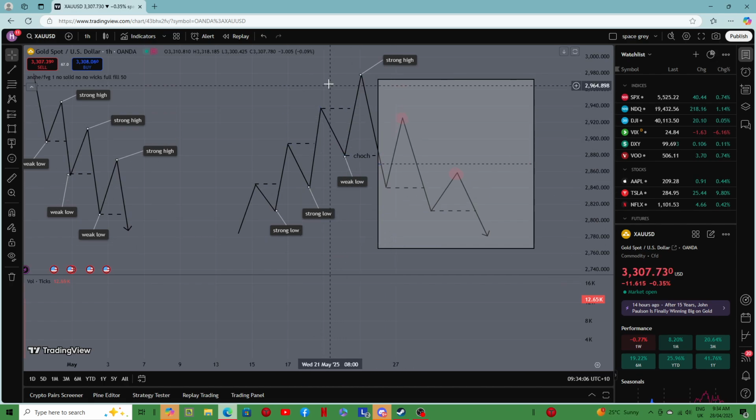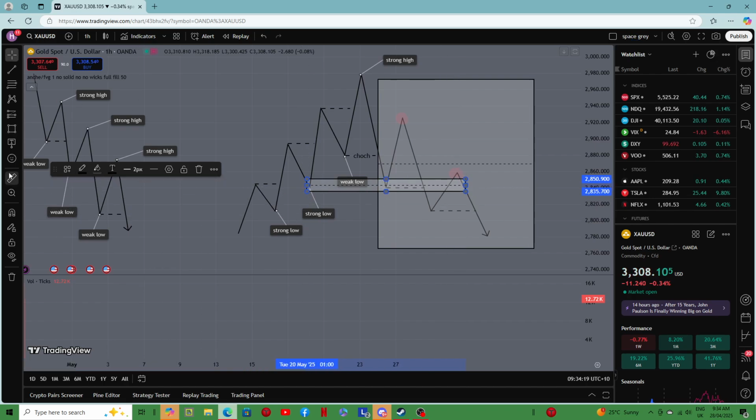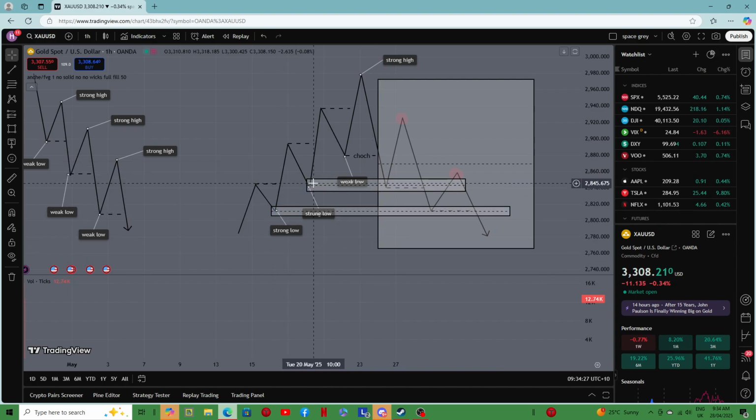And so then what we'll do is we'll have a look at these. These are now, because these are strong, points of interest. So let's say we draw a box and we just draw it along. These are unmitigated, which means they haven't been used. Price hasn't come to this point since it was last at it.